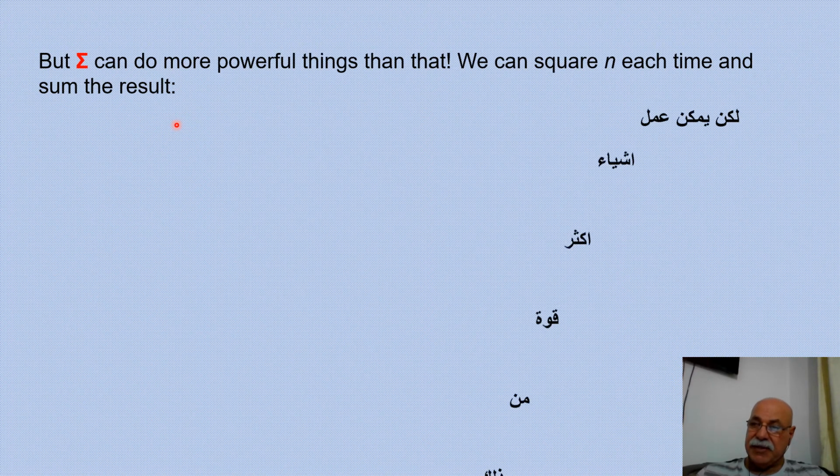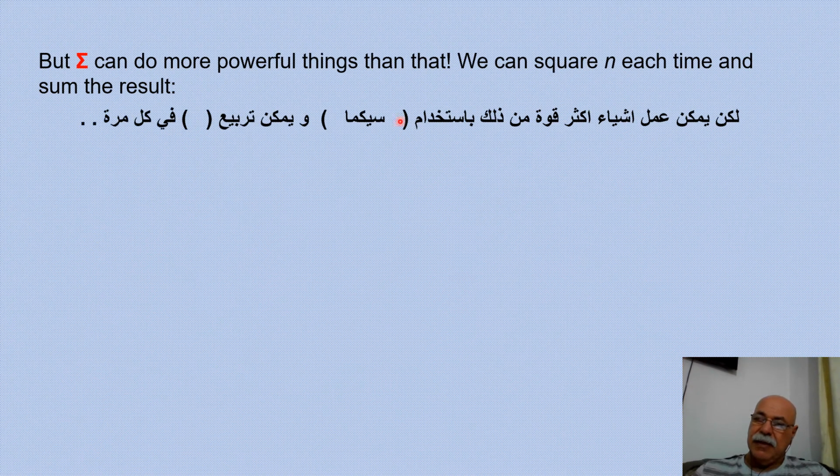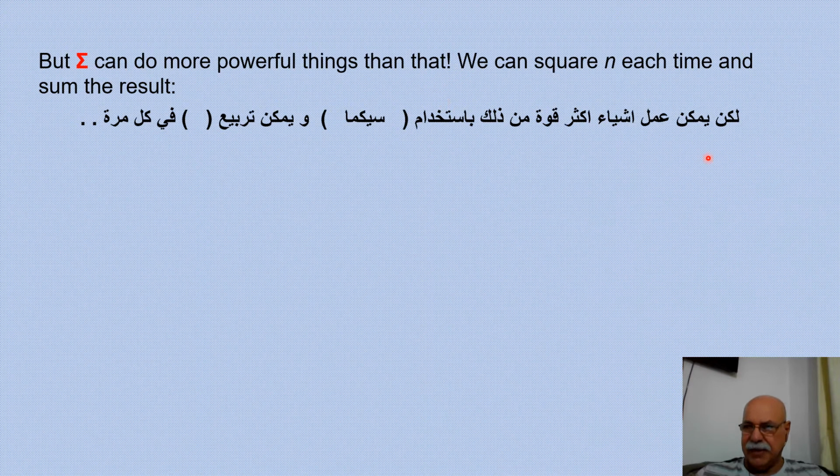You see like this, what is the meaning of this? The translation for this as a mathematical translation may be different, but you can understand. يعني ممكن ترجمة الجمل الرياضية تختلف عن ترجمة القواعد أو اللغات أو القصص، لذلك قد يكون المعنى يعني هذا اللي ممكن أن نوصل له في تفسير الأشياء، لكن يمكن عمل أشياء أكثر من ذلك باستخدام سيجما، ويمكن تربيع في كل مرة، يمكن تربيع القيم اللي موجودة على الآن دائما في كل مرة.